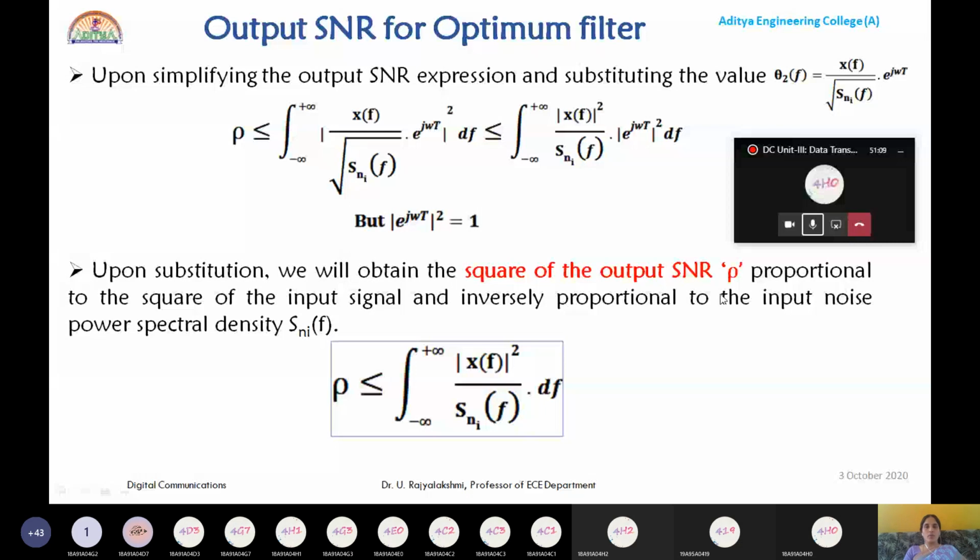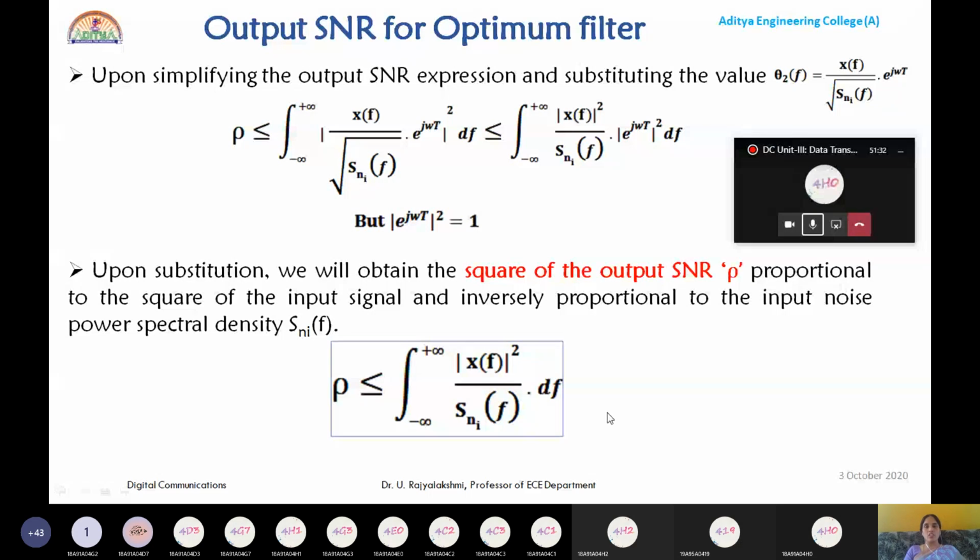The square of output SNR, if you observe this equation, is always less than or equal to. So what is the maximum value? It is proportional to x of f square and inversely proportional to Sni of f. Please remember that for the optimum filter you should observe the Gaussian response.